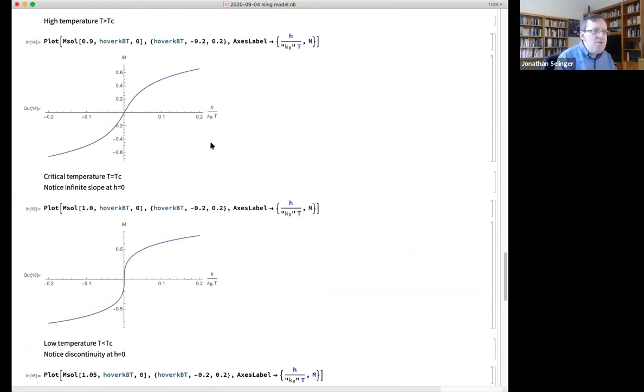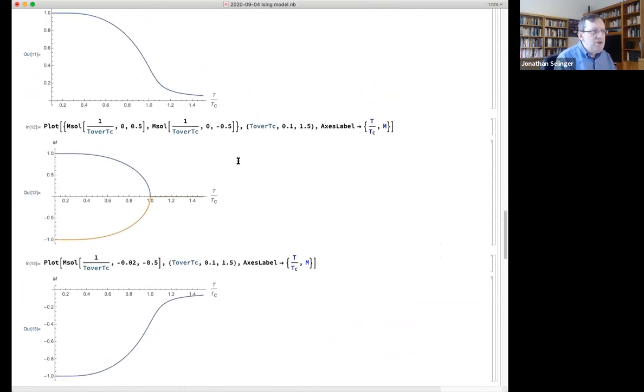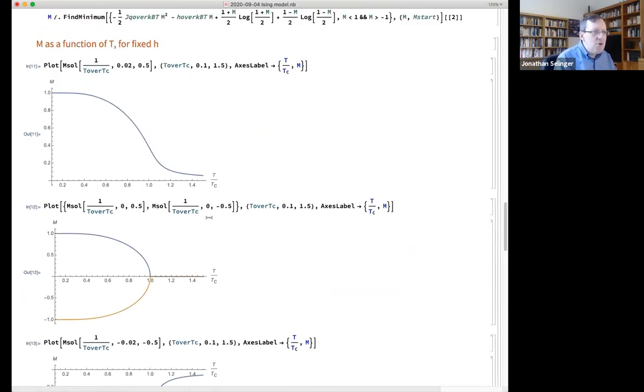Now, one of the homework assignments is to generate your own version of the plots, like this one for zero field and this one for positive field.